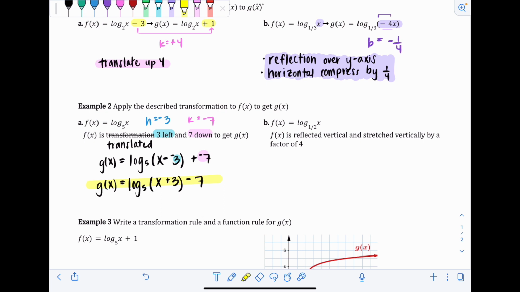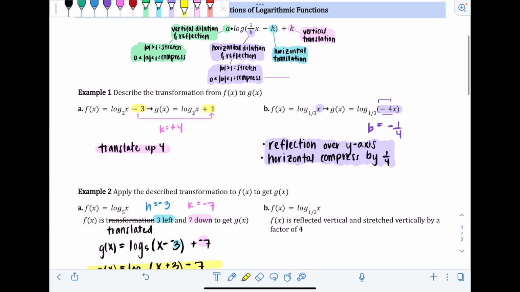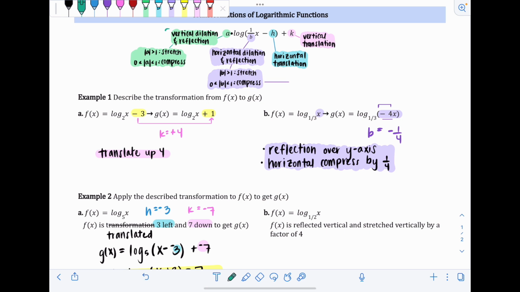Okay, for b, f of x equals log base 1/2 of x. F of x is reflected vertically and stretched vertically by a factor of 4. So if you have a vertical reflection and a vertical stretch, those all go into the same letter. I'm going to go back up here really quick. So vertical stretch would fall under vertical dilation, and then vertical dilation and reflection go together.